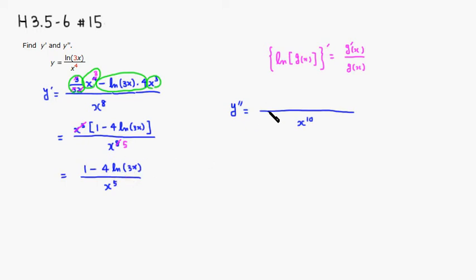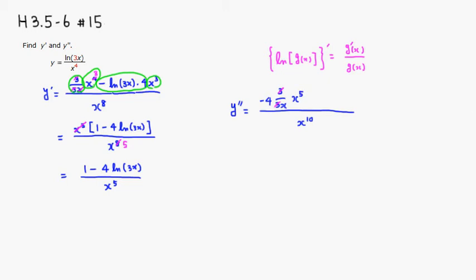And the derivative of this is, there's a negative 4 there, and the derivative of natural log of 3x would be 3x on the bottom, derivative of that on top, so 3. The 3 and 3 cancel out, times the bottom, so you have x to the 5th.